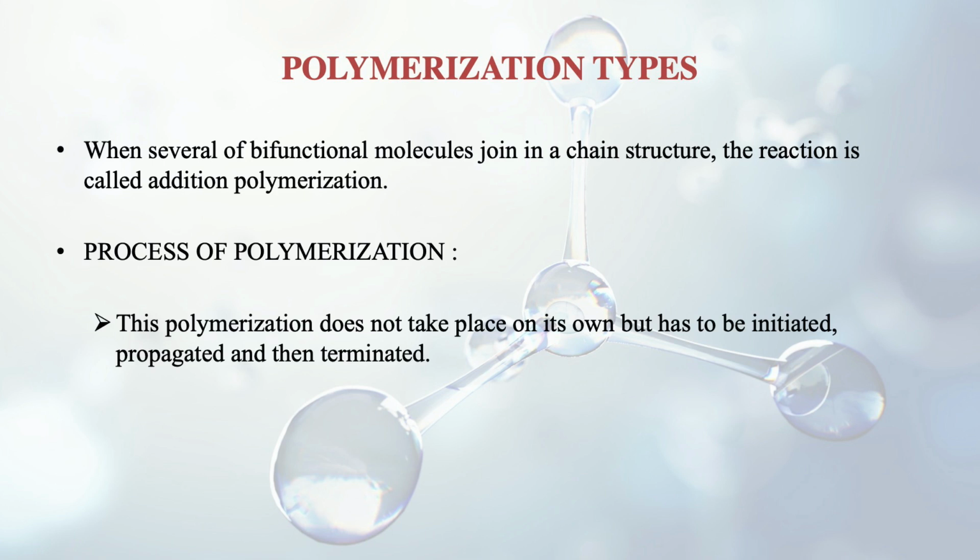This polymerization does not take place on its own, but has to be initiated, propagated and then terminated. It is a whole process. We will discuss what is there in this process.